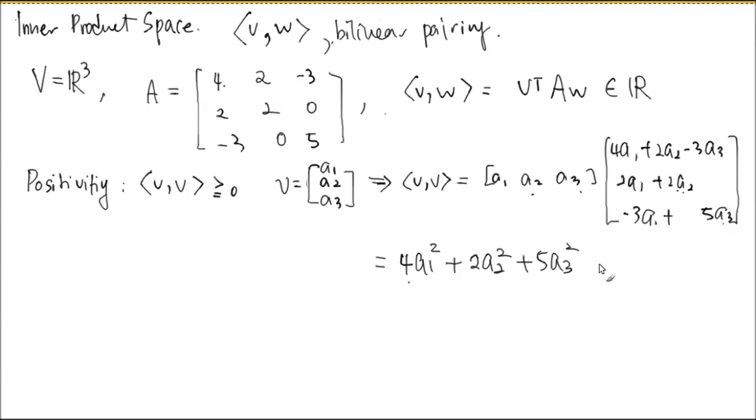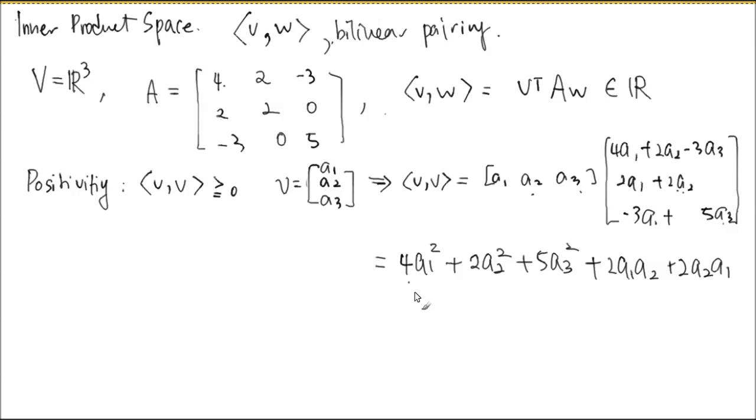By multiplying A2 to A1, you get 2A1A2. This 2A1A2 came from the 1,2 position. And if you do this one, 2A2A1, it comes from position 2,1 in here, and they're the same, it duplicates.